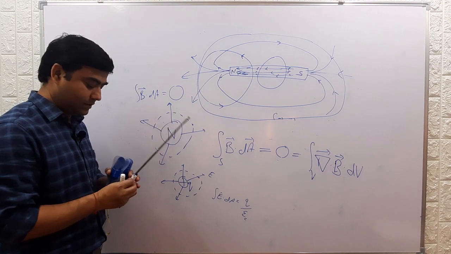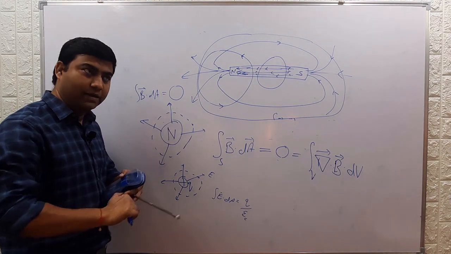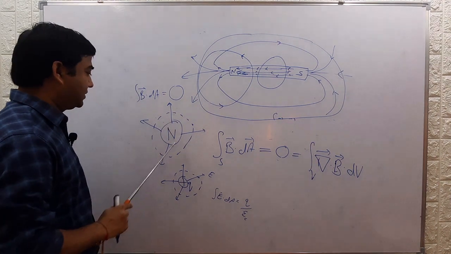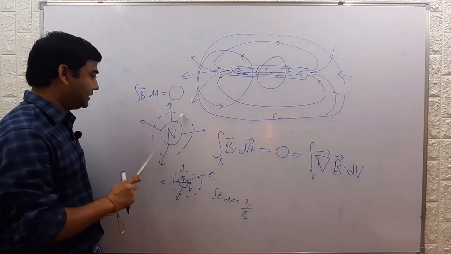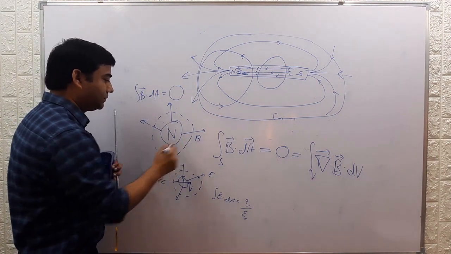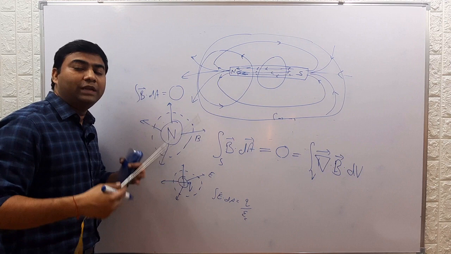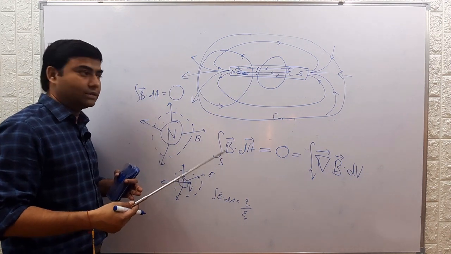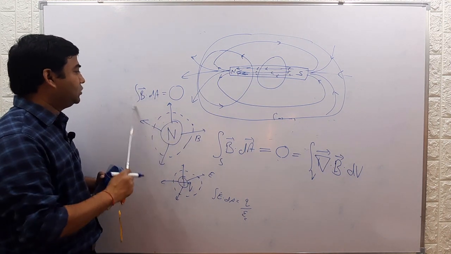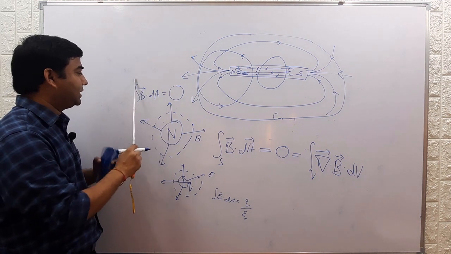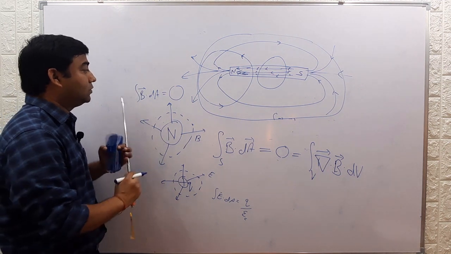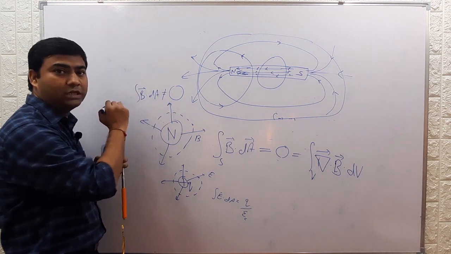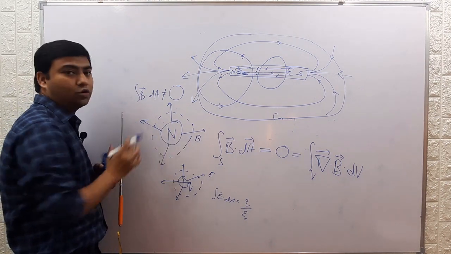Hence net flux through this Gaussian surface will be positive, some finite value. So this B dot dA, total magnetic flux through this Gaussian surface, will not be equal to 0 if there is a separate north pole.